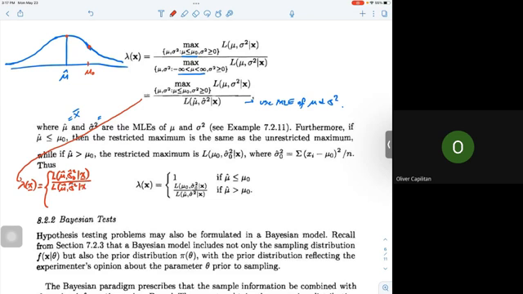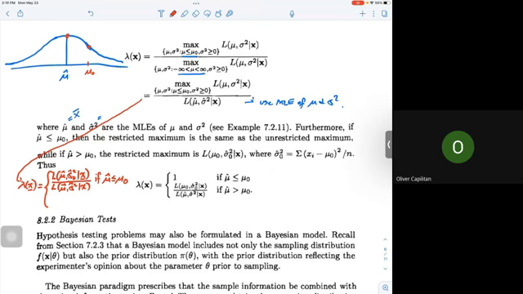Wala siyang sub-zero ha kasi over the entire parameter space. Ano nga ito? Yung condition natin dito, if your mu hat here is less than or equal to mu sub 0, diba? Dito pa rin siya. Ma-maximize yung ating likelihood function, yung blue, at this point sa mu hat pa rin.